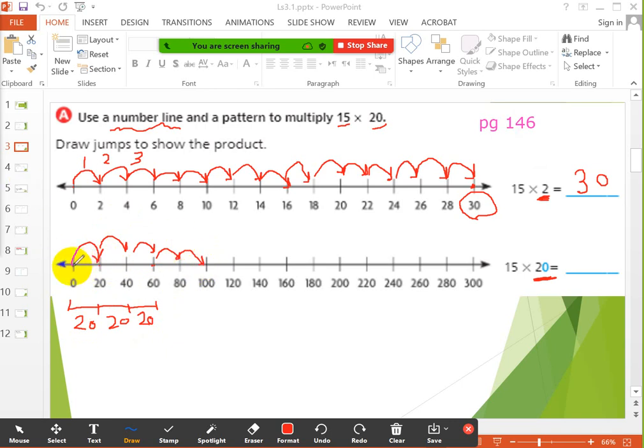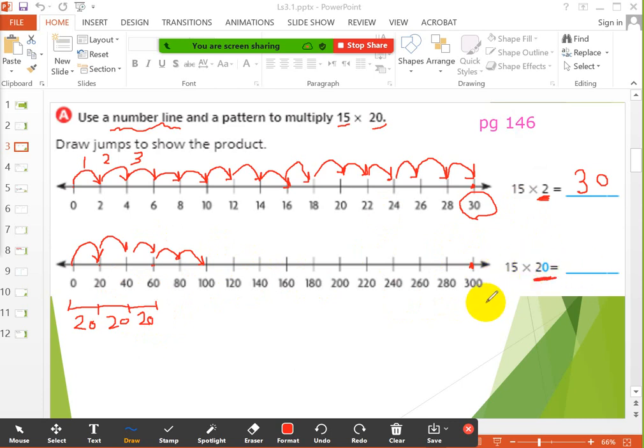So let's count. 1, 2, 3, 4, 5, 6, 7, 8, 9, 10, 11, 12, 13, 14, 15. So I will stop right here on this point. Okay, so I jumped 15 times and each jump equals 20 because I have to multiply with 20.